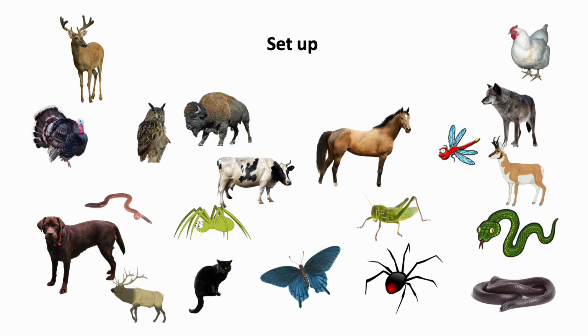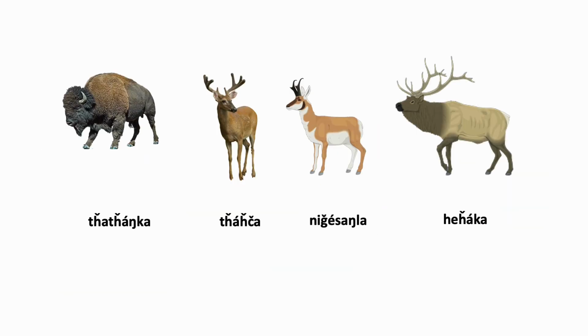So if you can invest in some good, realistic looking animal props, you can put them on the table so the students can get up and around the table and feel them, look at them. Starting out with the lower kids, probably use maybe just two. And so these are just demonstrations of how to play the game.